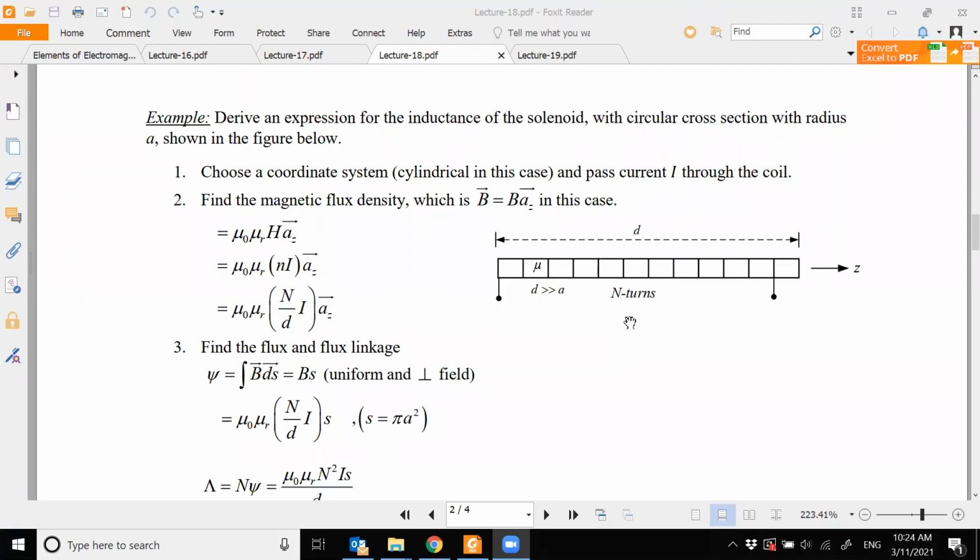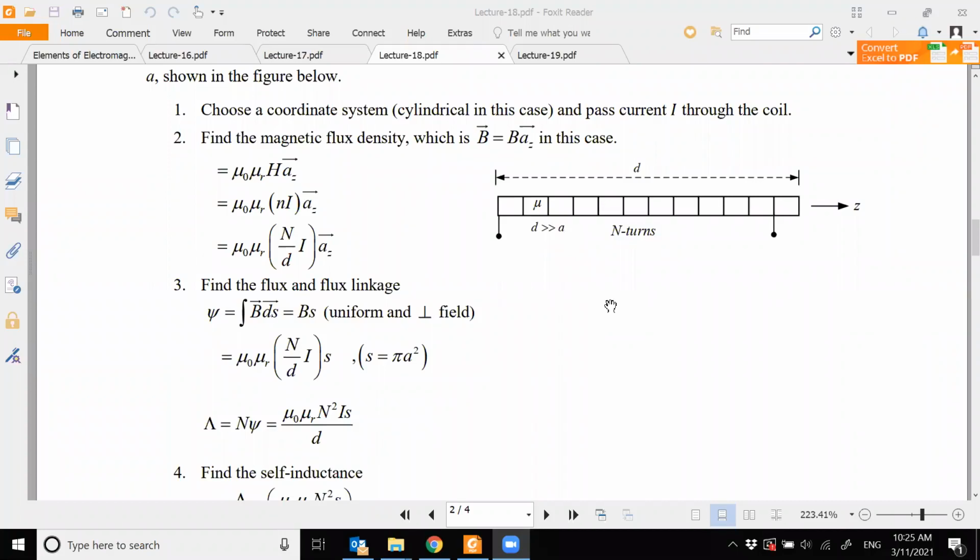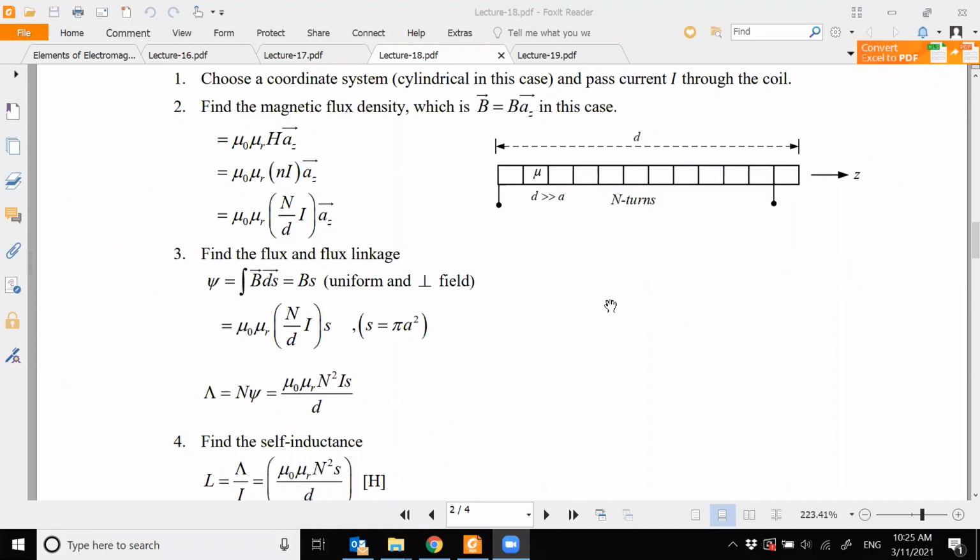So what are the steps to find the self-inductance of any loop? The steps are these. First, you need to select the coordinate system, whichever is applicable and easy for your analysis.